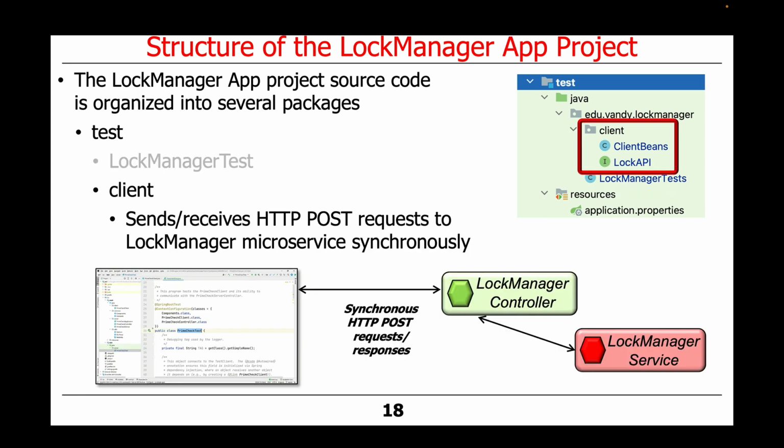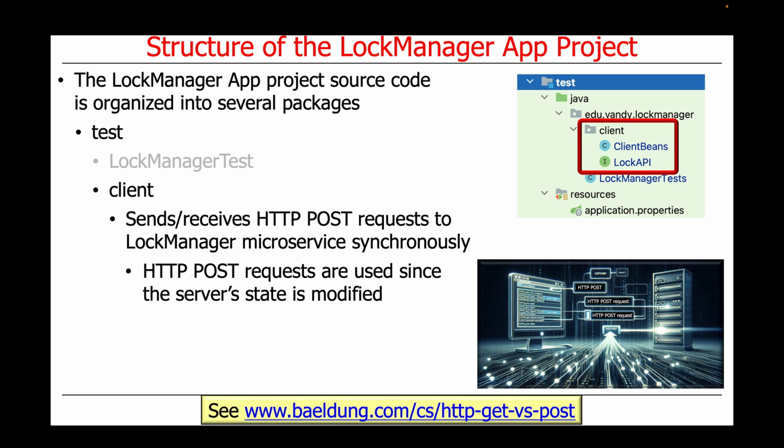There's a client folder that contains a couple of classes. One is used to send and receive HTTP post requests to the LockManager microservice synchronously. And we use post requests here because the server's state is being modified. All the various operations we have, like create and acquire and release, all update the state of the server.